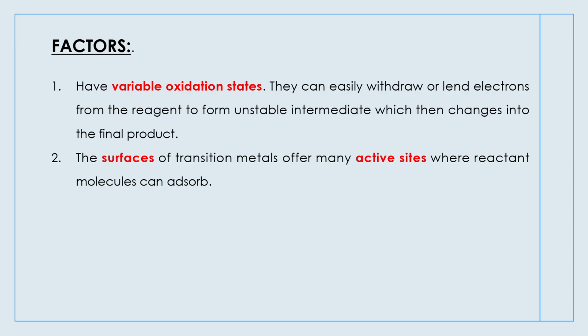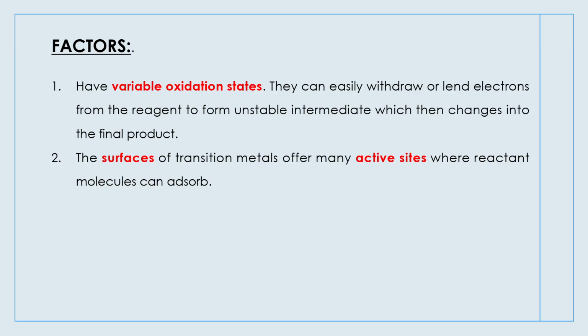Here you can see that the word used is adsorb, not absorb. Adsorb is a surface level phenomenon. It occurs on the surface only. The transition elements are not themselves taking part. They are just providing the surface for the reaction to the reactant. That is why you must write adsorb, a surface level phenomenon.